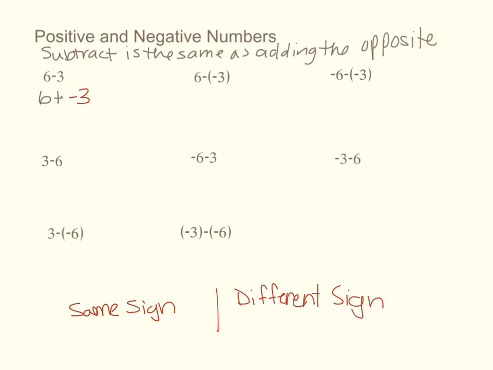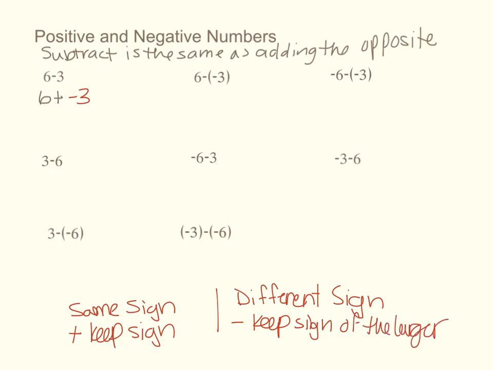Your same sign is add, keep the sign, and different sign is subtract, keep the sign of the larger. So the first thing you're going to do is change it to an add problem.